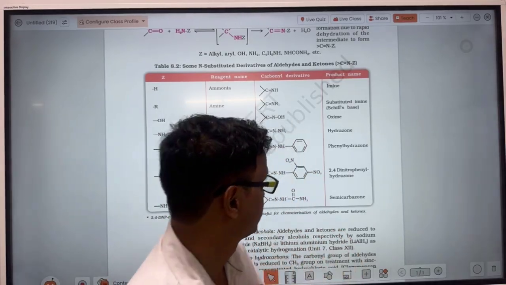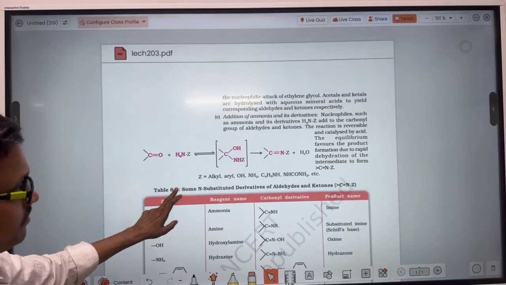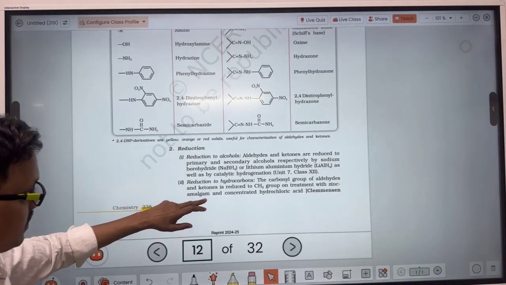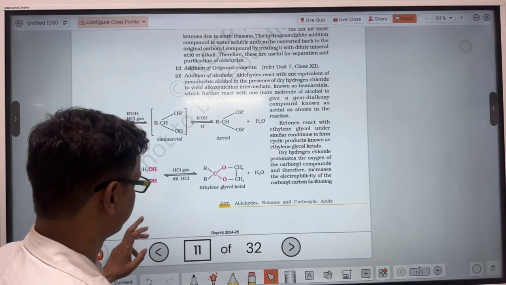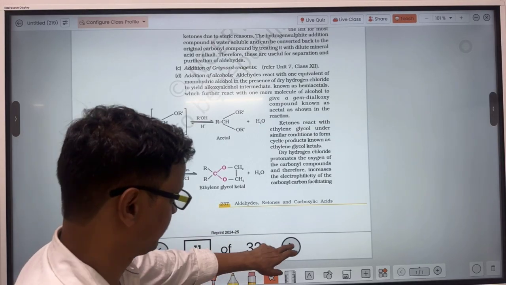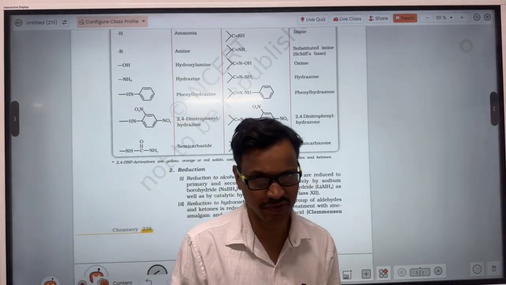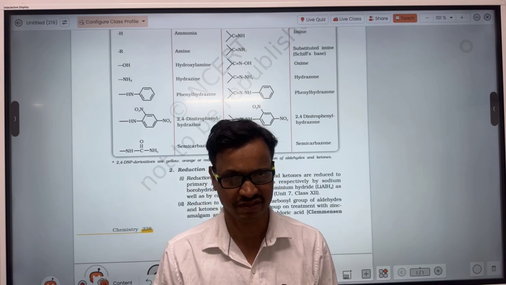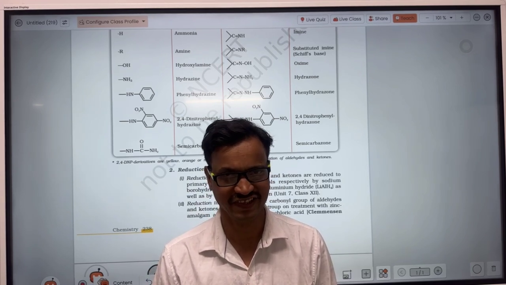Okay. So now same here. When you take a mild oxidizing agent, and here firstly is reduction. Reduction, same thing here: when you reduce the aldehyde, there will be formation of 1 degree alcohol, and when you reduce the ketone, there will be formation of 2 degree alcohol.